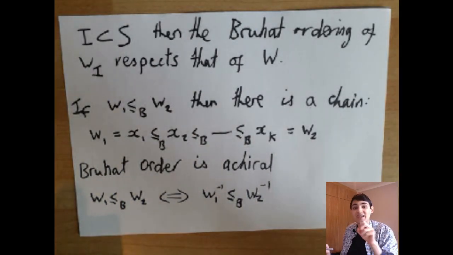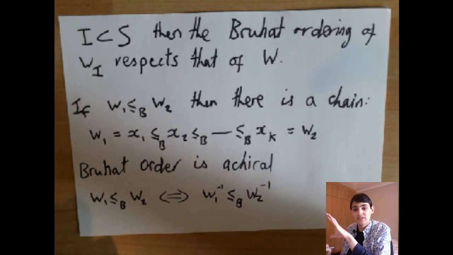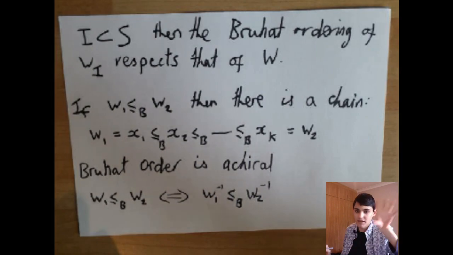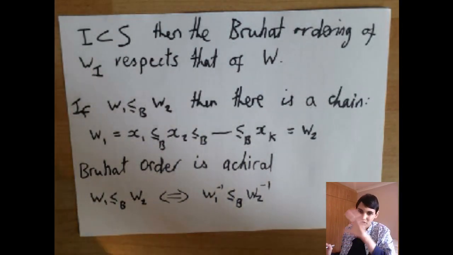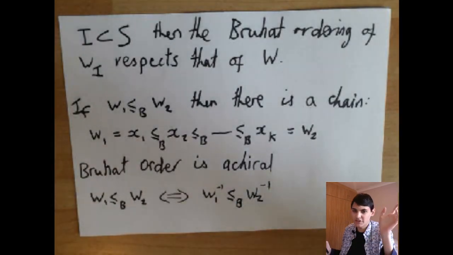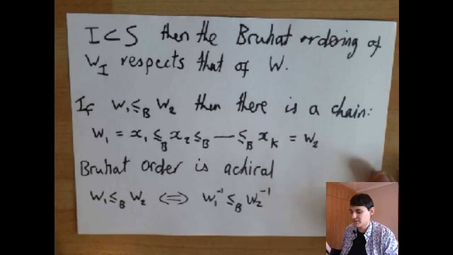And if you've got a subword contained over here, then the same subword, or a similar one, can be found on the other side. There's a little bit more to the proof, I think, but you can look that up yourself.